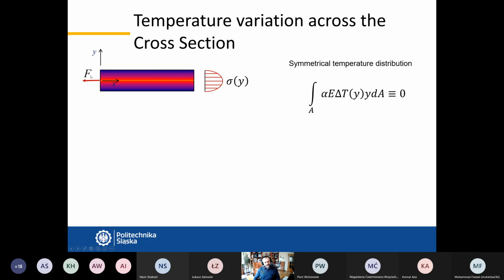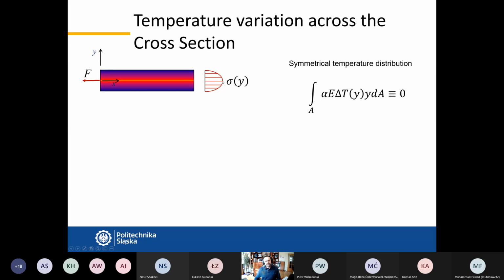There can be a force applied there, so a mechanical loading, but symmetrical distribution of temperature results in such a distribution of stresses.